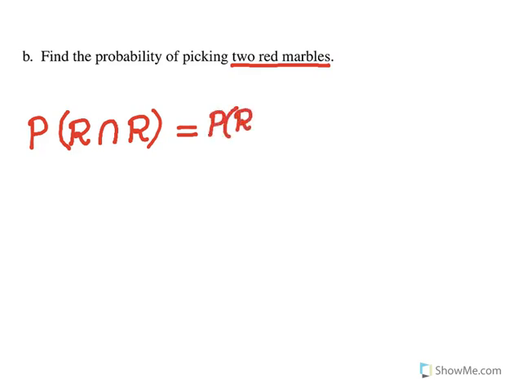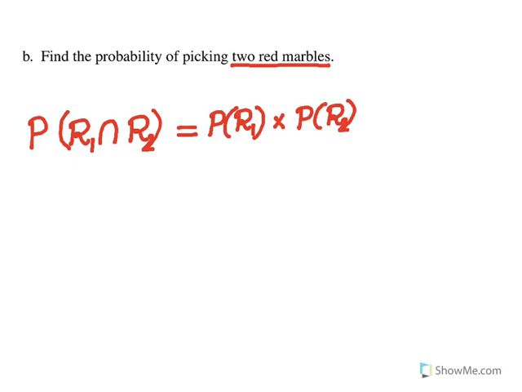It's probability of red times probability of red on the second one. So we can make it clearer by saying probability of red first times probability of red second.